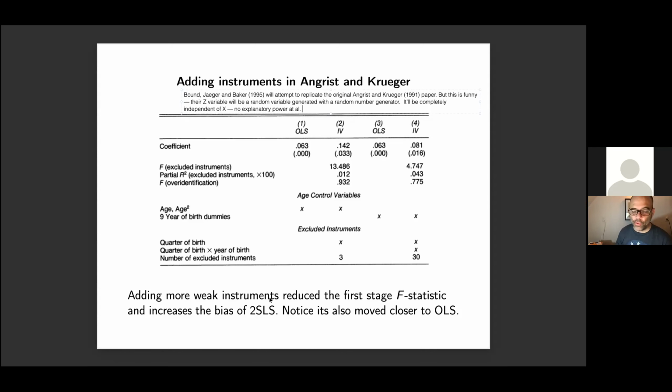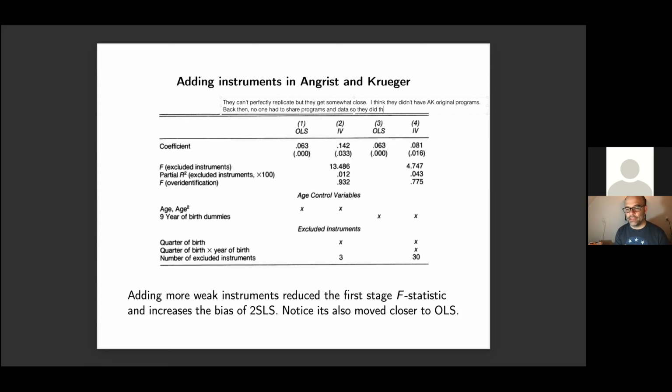So they're going to add in weak instruments for the first stage F statistic. They can't perfectly replicate, but they get somewhat close. I think they didn't have Angrist and Krueger's original programs. Back then, no one had to share programs and data.